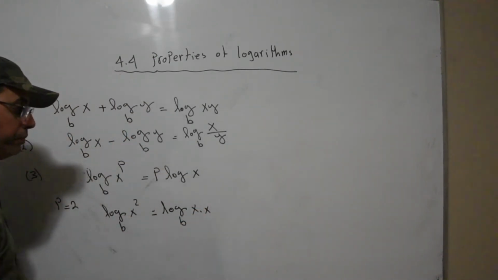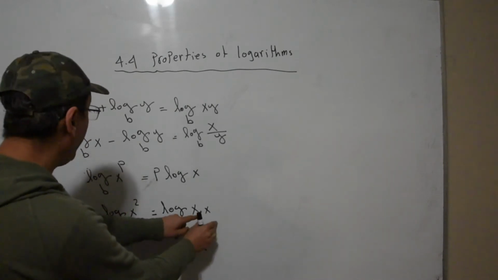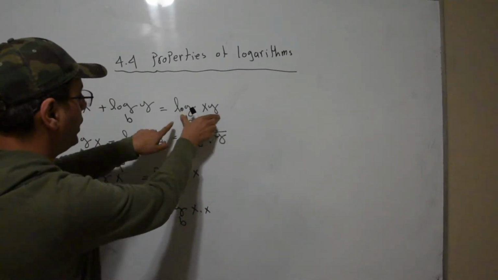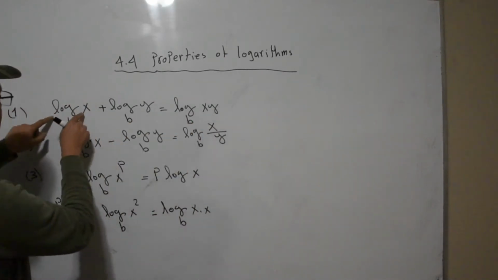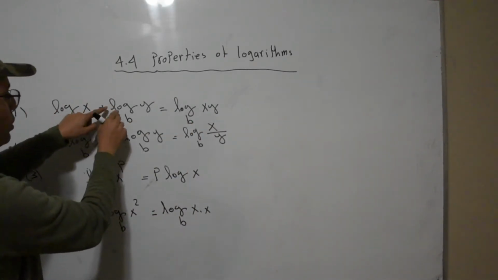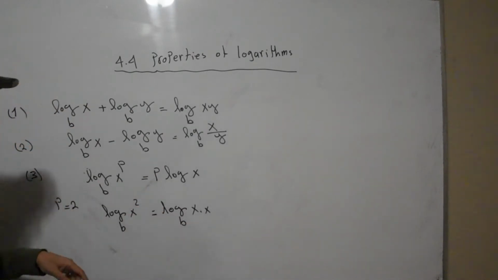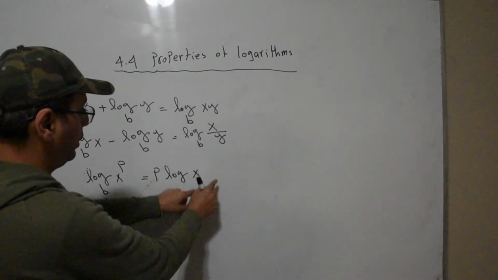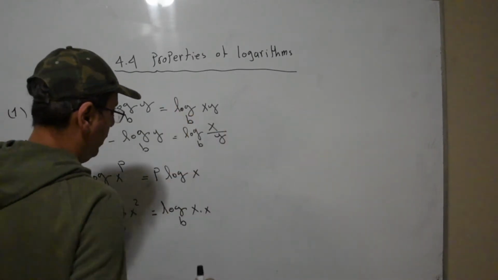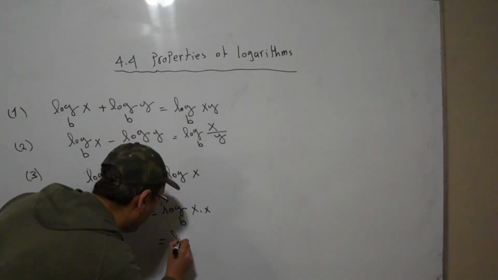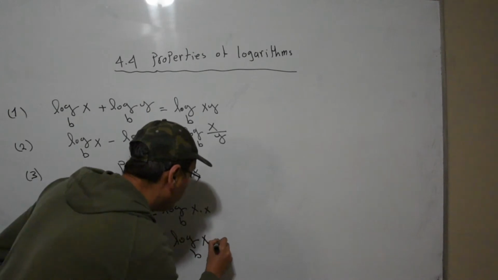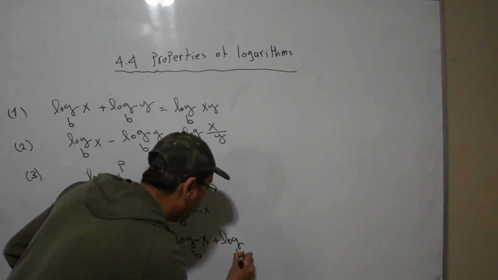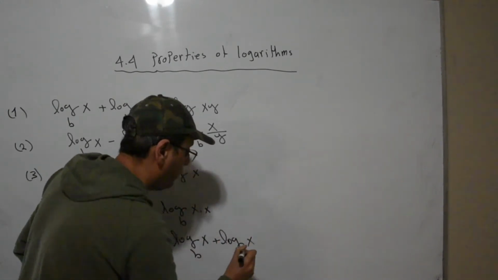Same thing. Okay? But based on this rule, I can rewrite log of x times x as log base b of x plus log base b of x as well, because this is the product of two x's.